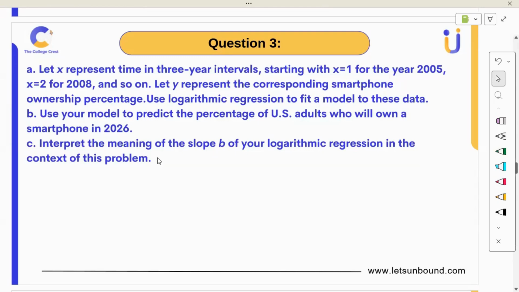And we need to interpret with respect to the context of this problem. And also in this problem, we will observe one thing in logarithmic regression. So don't skip it. Do watch the video fully. Okay, first part, I should go to Desmos, right? So let's switch to Desmos.